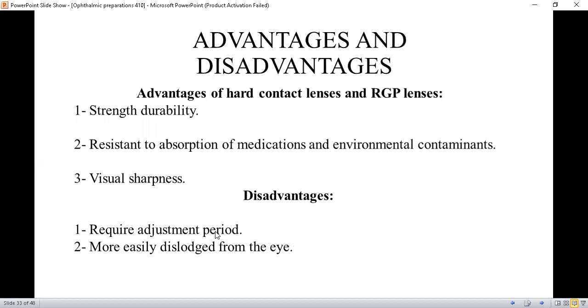After inserting, it will require a few minutes, after that your visual sharpness will be regained. So these are the advantages and disadvantages of the hard contact lenses and rigid gas permeable lenses.